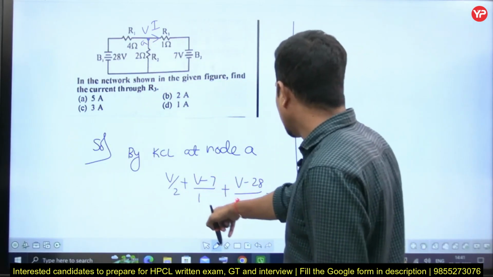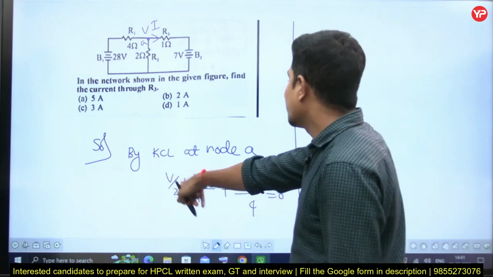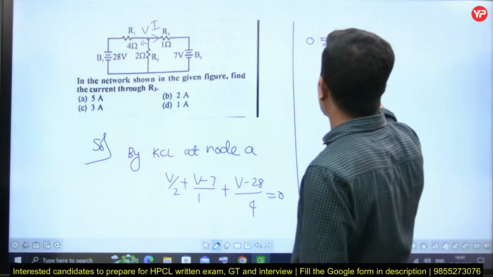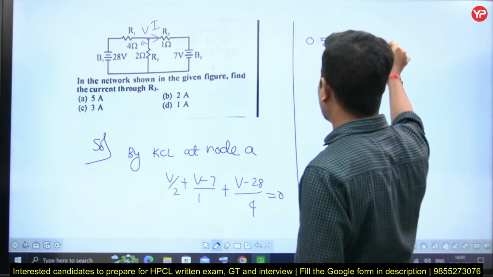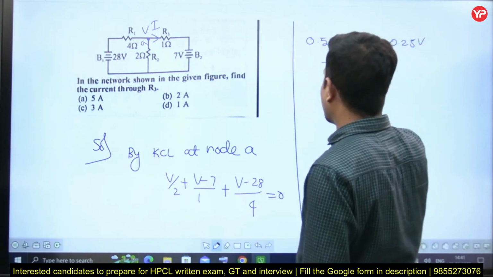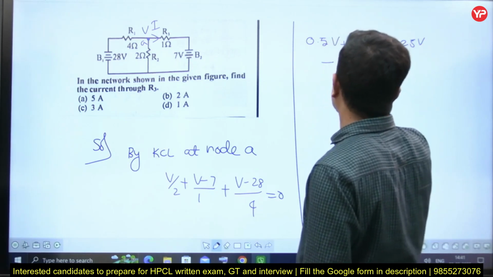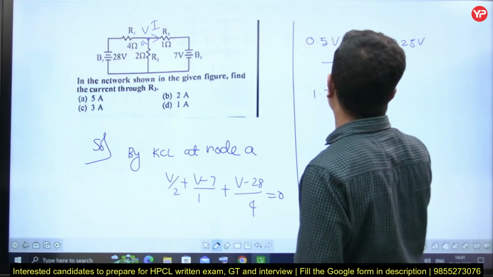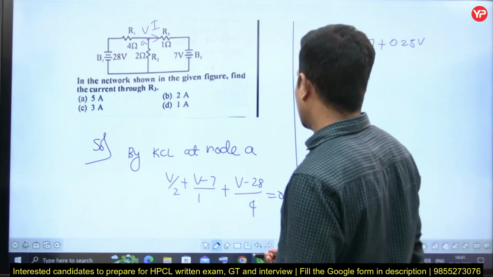So V by 2 is 0.5 V, plus V minus 7, plus 0.25 V minus 7, is equal to 0. So 1.75 V is equal to 14, right?